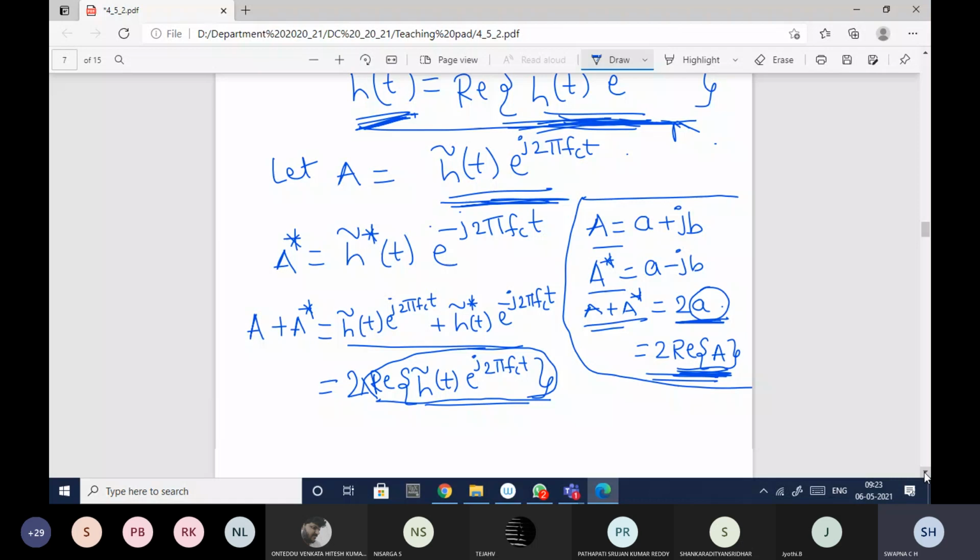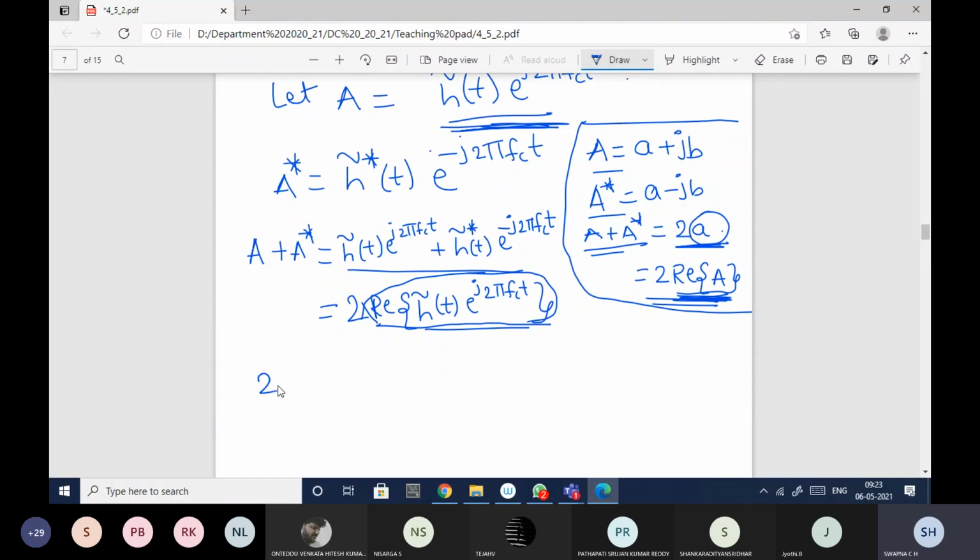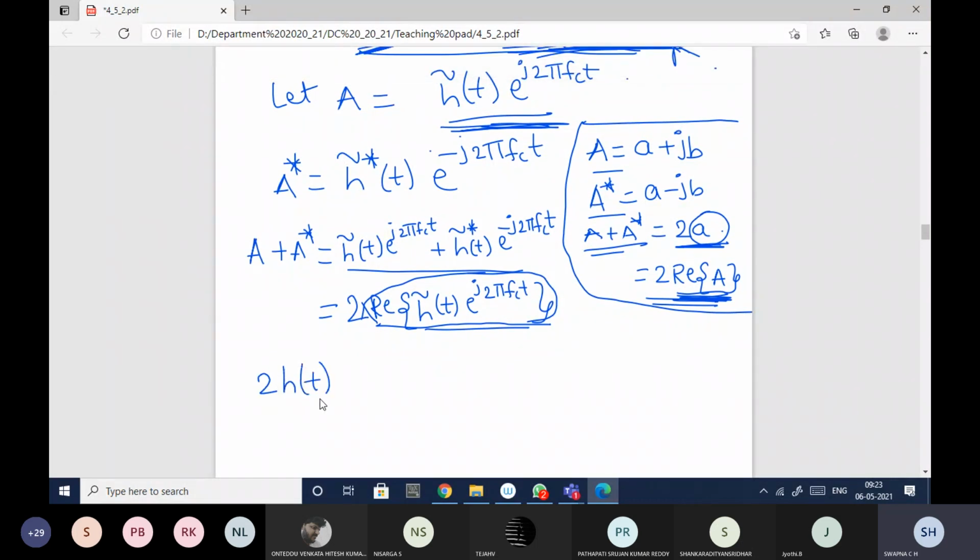Okay. So can I write it as 2H of T? See, this entire thing is nothing but H of T now.